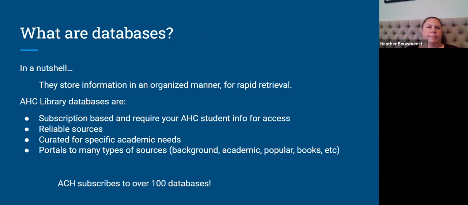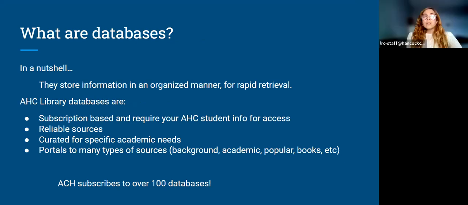Perfect. So databases are basically like mini libraries, right? And they're accessible online. They store information in a way that's organized and you can easily and quickly retrieve it. So you're not limited by building hours. You can just go to our website and access these resources with your student ID and password.